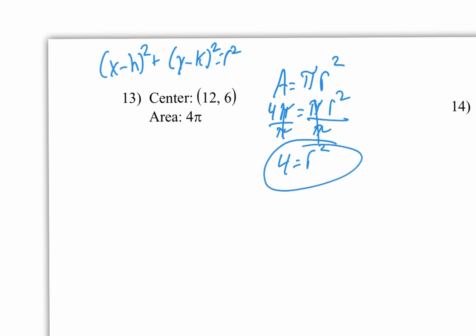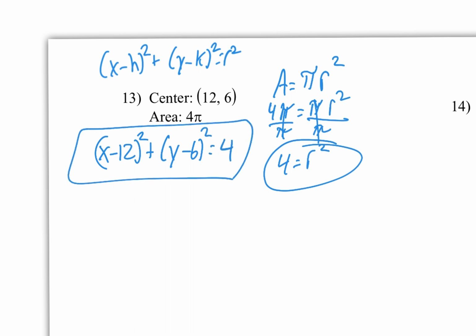We know r squared is equal to 4. So we can just write this as (x − 12)² + (y − 6)² = 4. Notice it's that number right there.